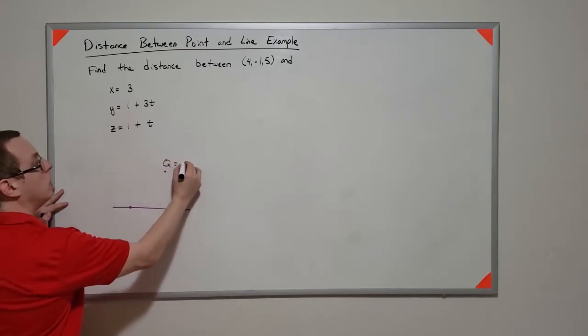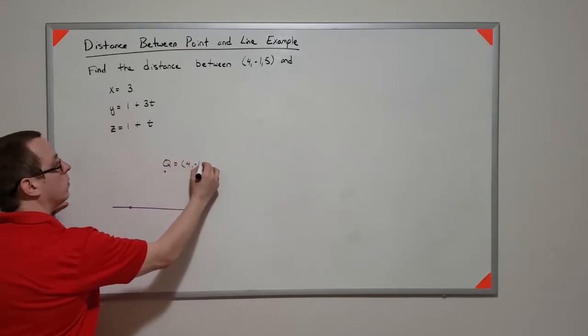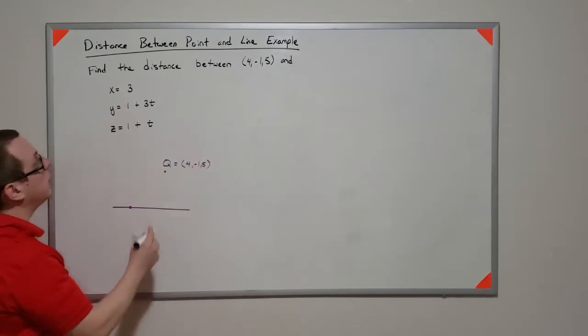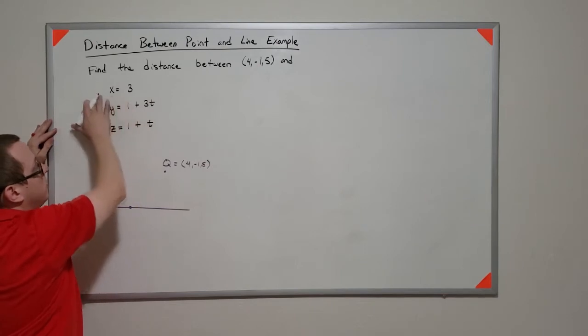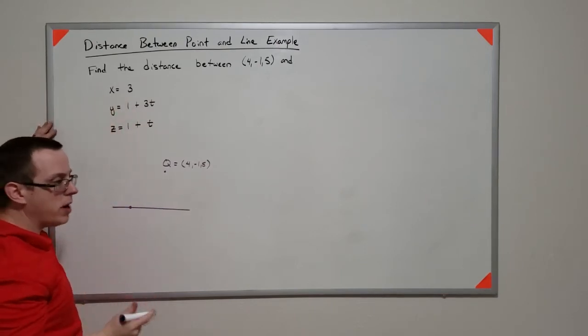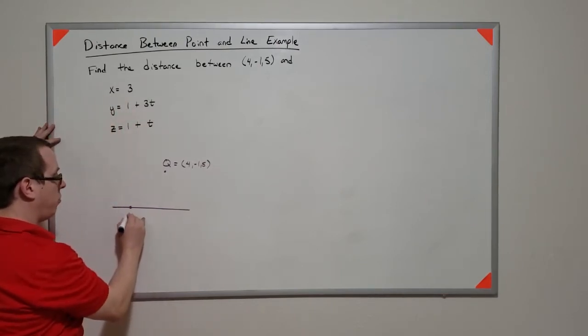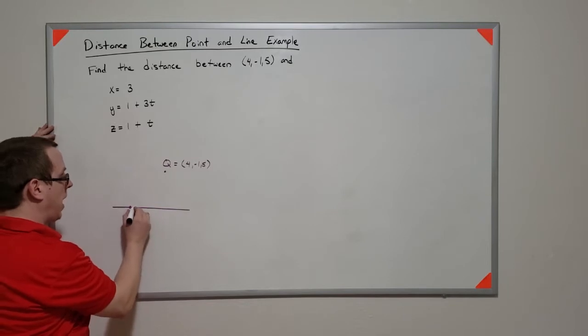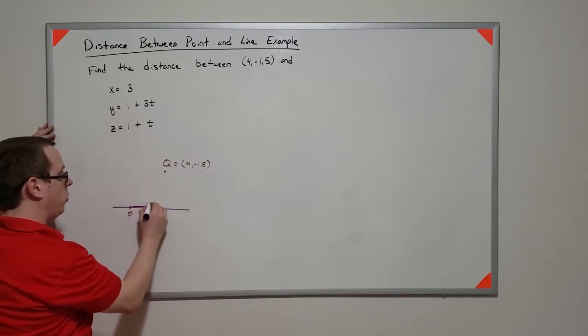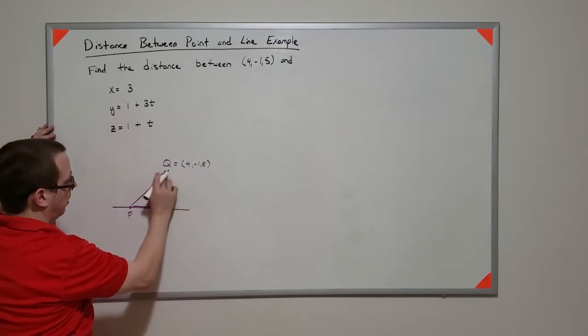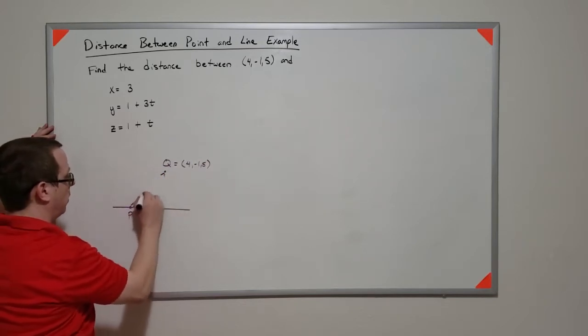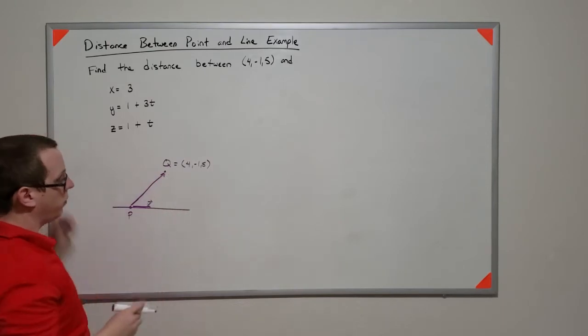So Q, and then this line is described by this set of equations. So we need to find a point P on the line, and we need to determine the direction vector V for the line.